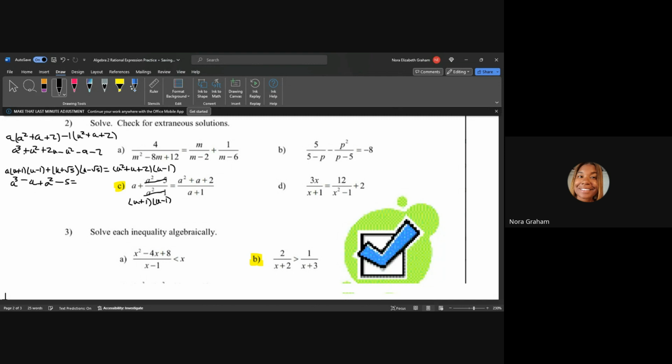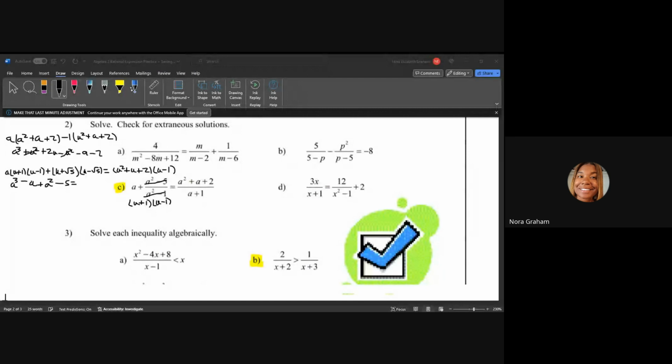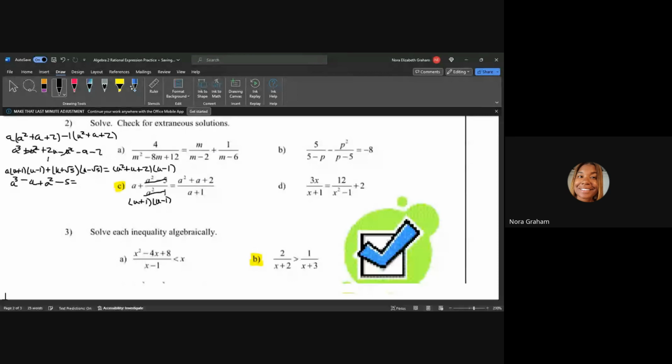I can cancel out these a squares. I can also combine these a's, so that would just be a.